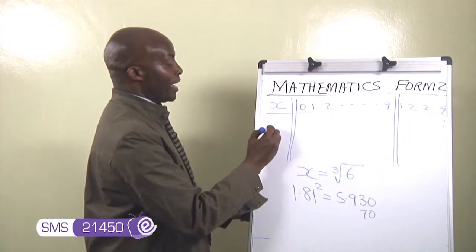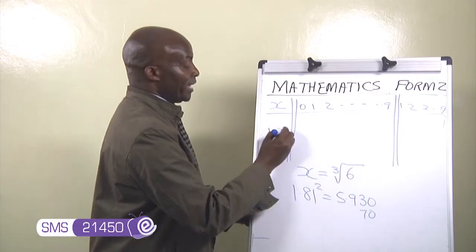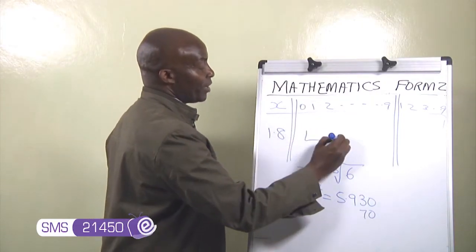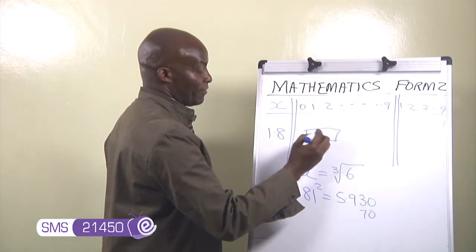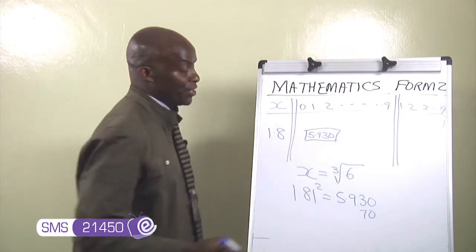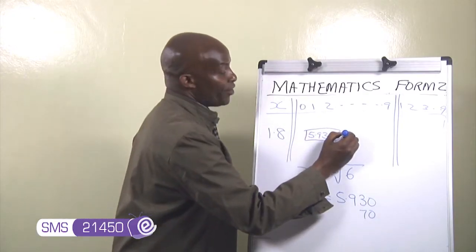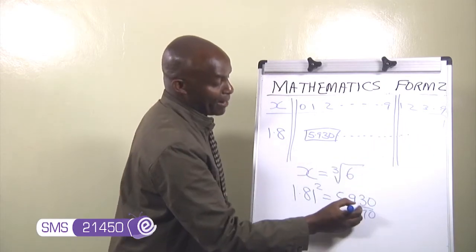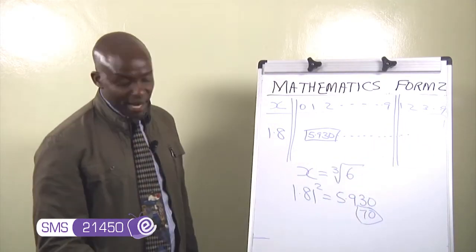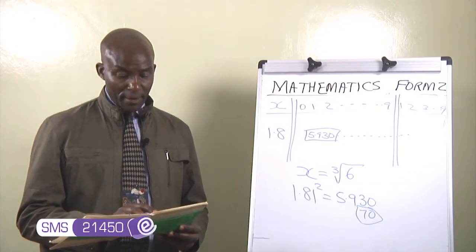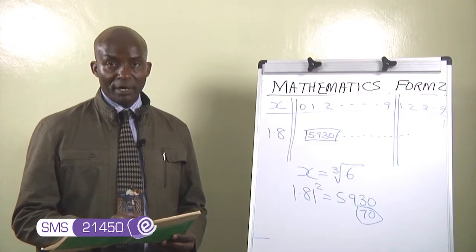So we now are at row 1.8, and we have come under major column 1, where we have the number 5.930. We need to move along that row until we get the number 70 under the minor columns. Instead of 70, we have 71. 71 under minor column 7.